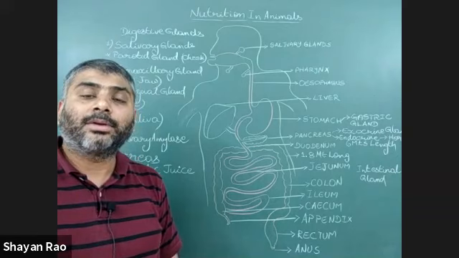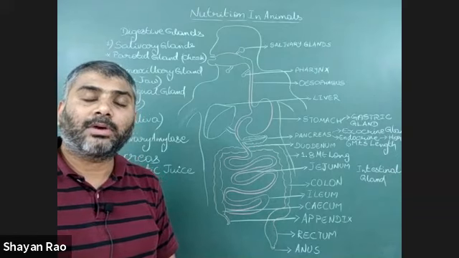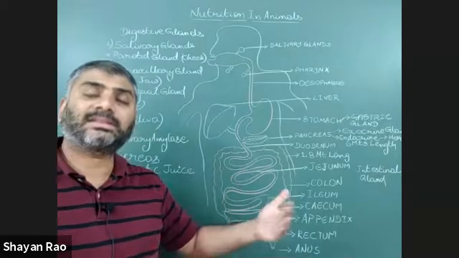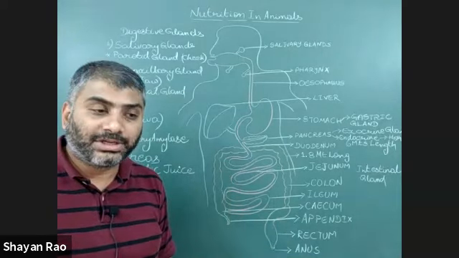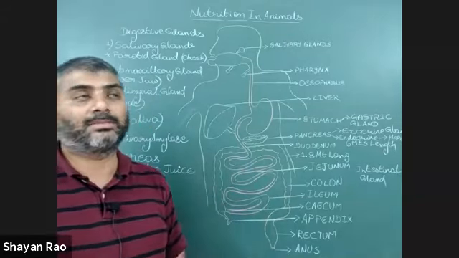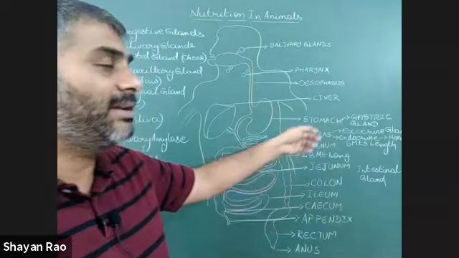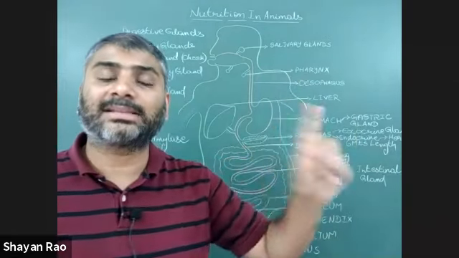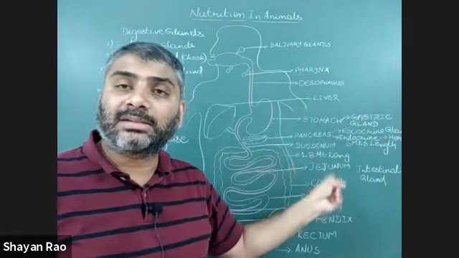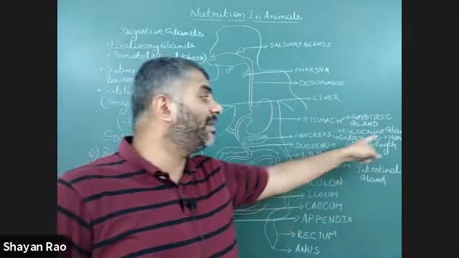Hormones are responsible for maintaining some balance in the body. We'll understand this in the control and coordination chapter. So our body has the exocrine system and also the endocrine system. The exocrine system has exocrine glands which secrete enzymes. The endocrine system has endocrine glands which secrete hormones.